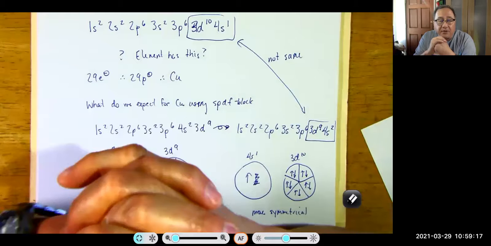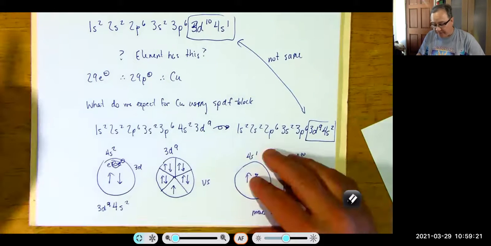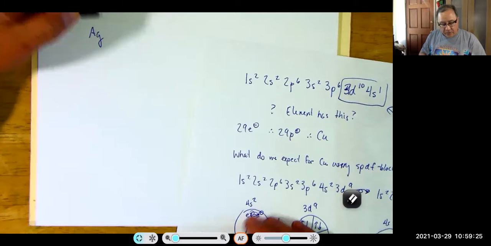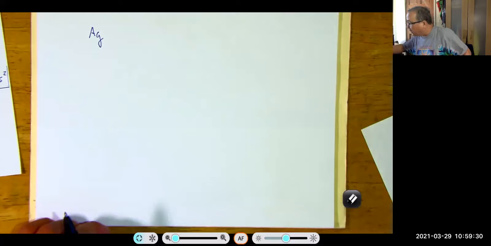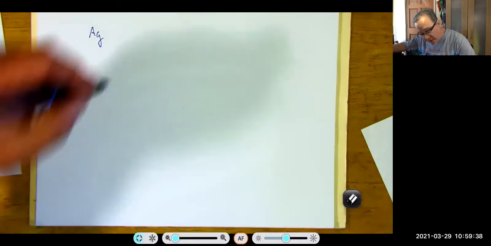Because it's in the same group, so it should have a similar electron configuration. In fact, when you look at silver and we do the noble gas configuration, what noble gas are we going to start with for silver? Krypton. Okay, so we're going to start with krypton. Then what comes next?